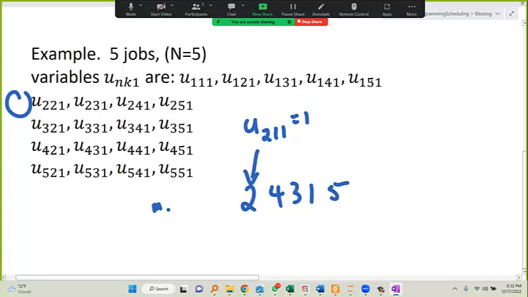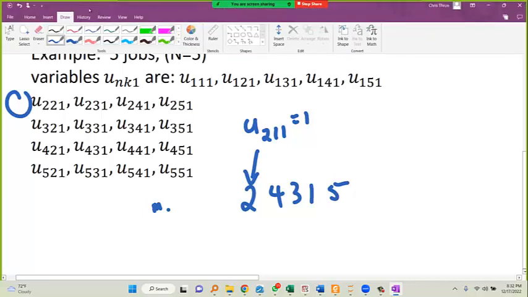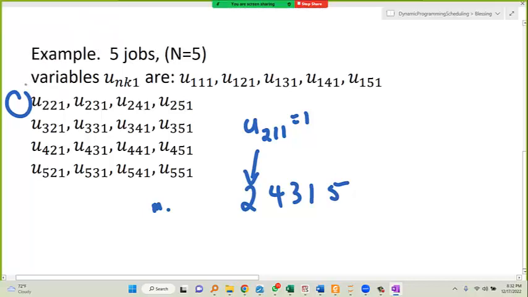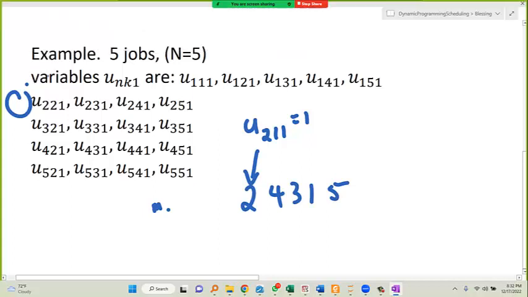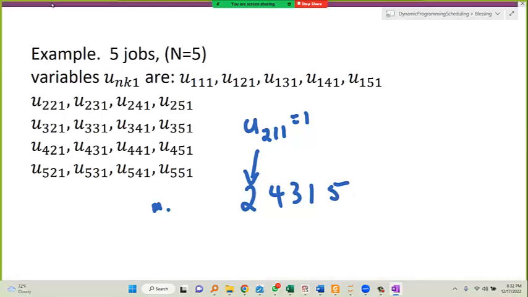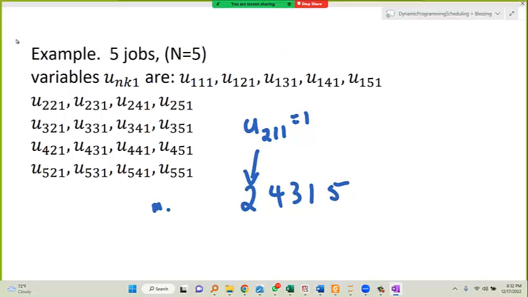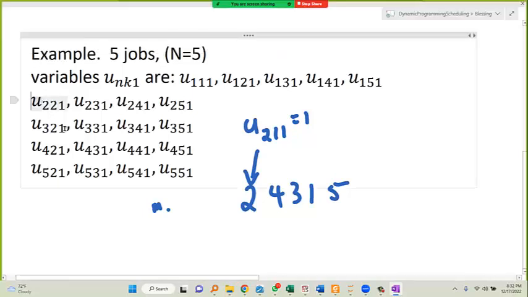Now job 2 can also be in any position. Job 2 can be in position 1, it can be in position 2. But you didn't allow it to be in position 1, because you don't have U211. Yes, we skipped that then. Okay, so that's missing. So it's supposed to be there.